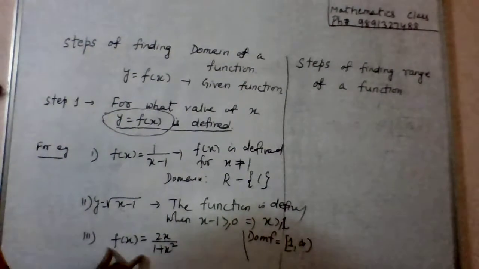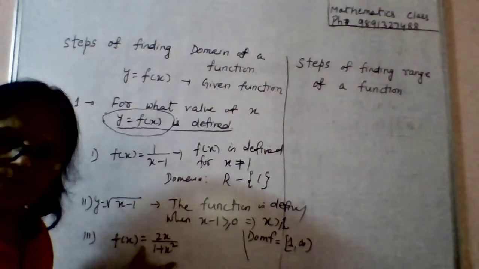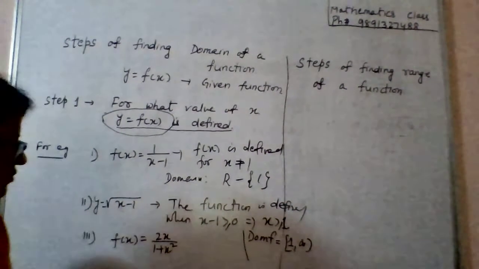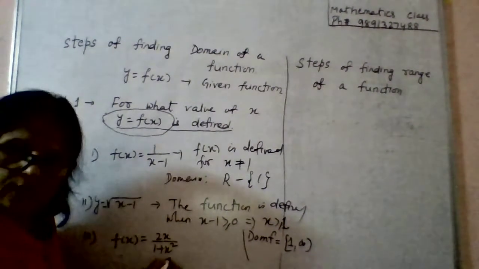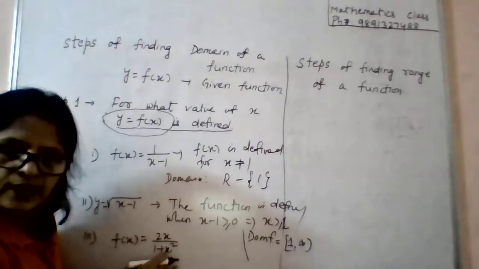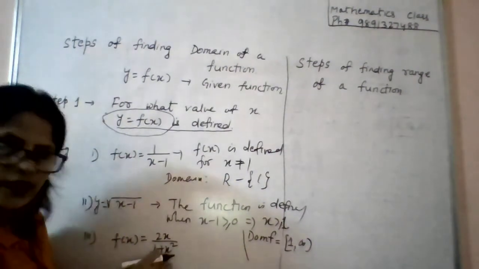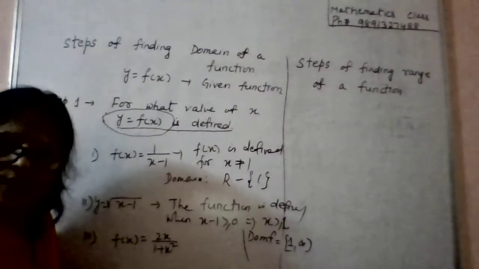Now next, f(x) equal to 2x by 1 plus x square. Find the domain of the function. Here you see the denominator 1 plus x square. x square is always non-negative. It means x square will be greater than or equal to 0, so 1 plus x square will be greater than or equal to 1.